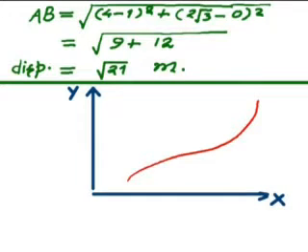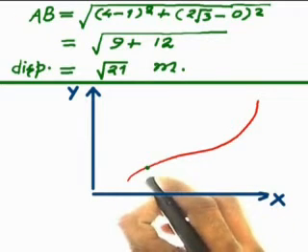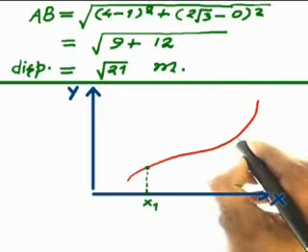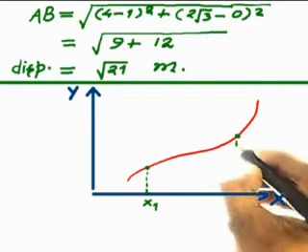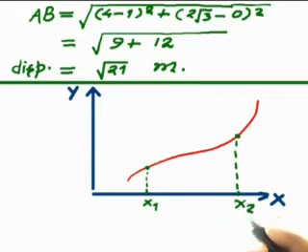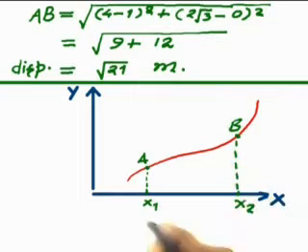For the two given positions, position A, we are taking x equal to x1, and at the other position B, we are taking x equal to x2. This is the position A, this is the position B, between which we have to find the length of the path traveled, because distance is termed as the length of the path traveled.